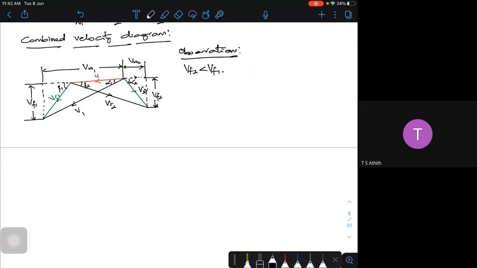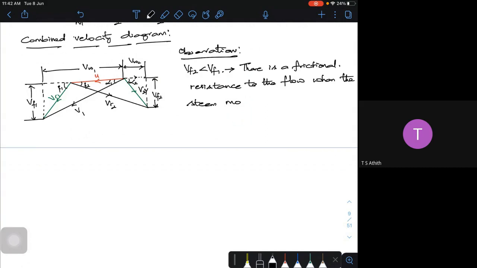It means there is a frictional resistance to the flow when the steam flows, when the steam moves over the blade. Okay, when the steam moves over the blade, this is what is going to happen.